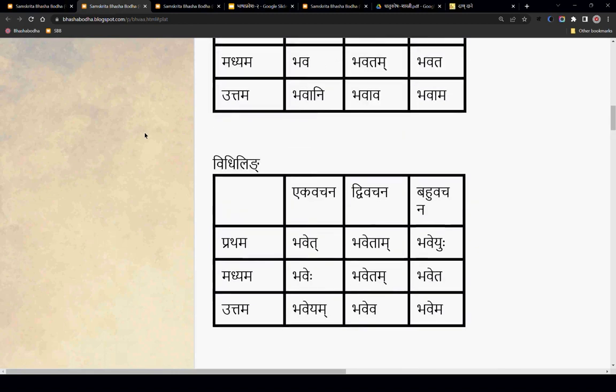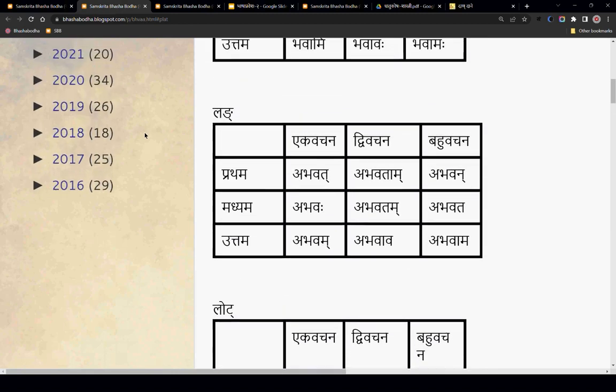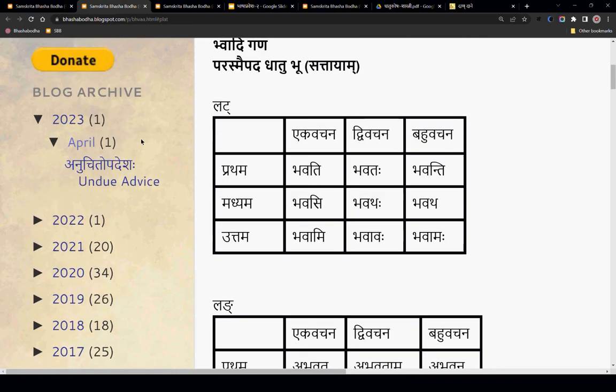Again, lakara also matters, right? But looking at the lat lakara, bhavati, ending ti, taha, anti, etc. These are the ending patterns, or ending shabda, for Parasmaipadi dhatus.